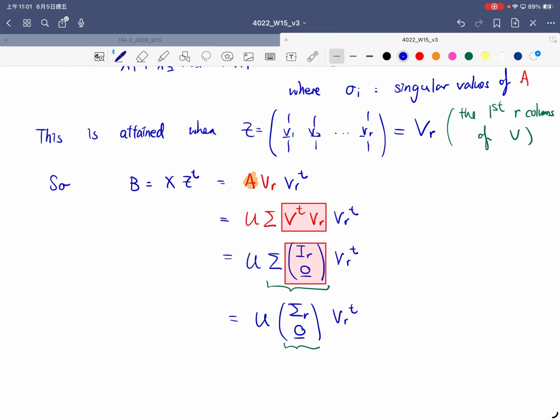And then what is sigma R? It's a diagonal matrix formed by the first R singular values. When you multiply by something that looks like identity and then with 0, block multiplication tells you that only the first block will survive.